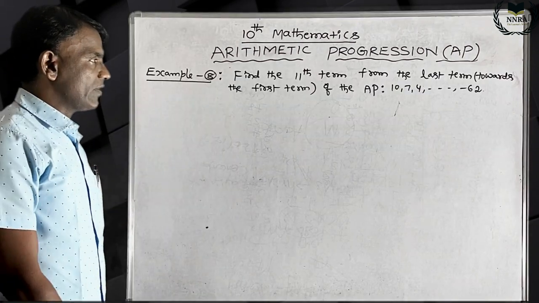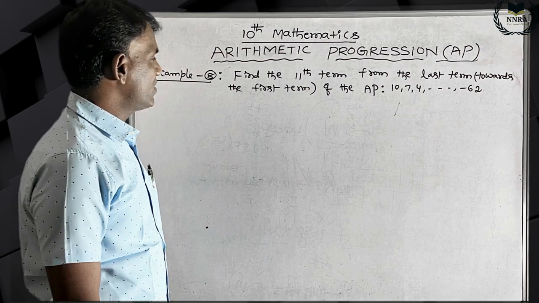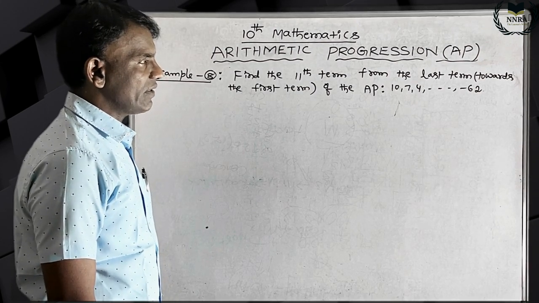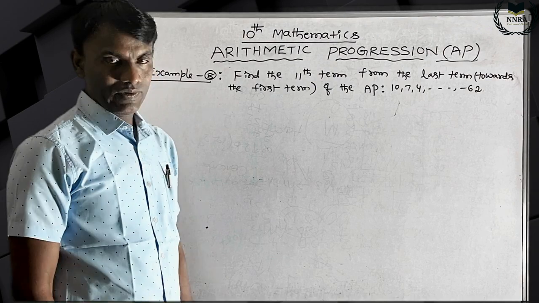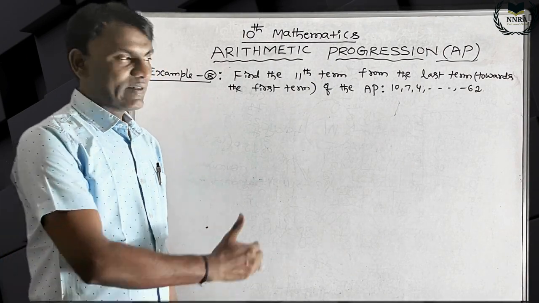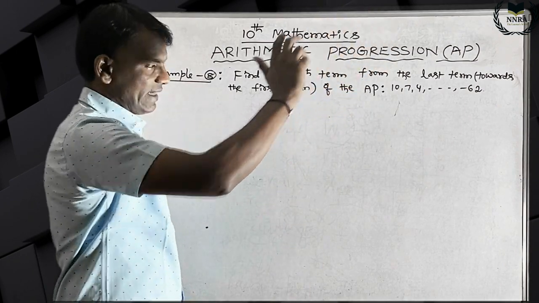Okay, now this is example number 8. Find the 11th term from the last term towards the first term of the AP 10, 7, 4 and so on, minus 62. So first we find the n value. For that we take from the first term, like 10, 7, 4 and so on.